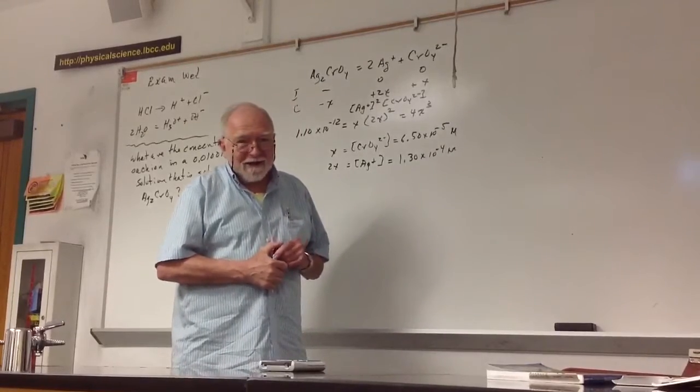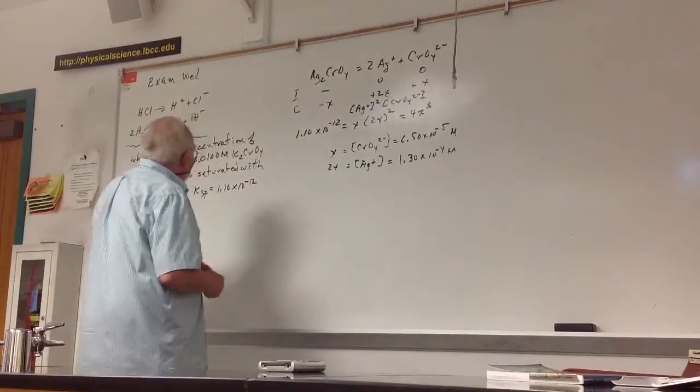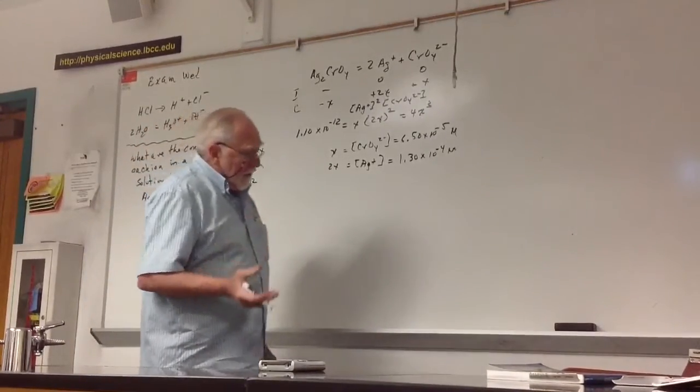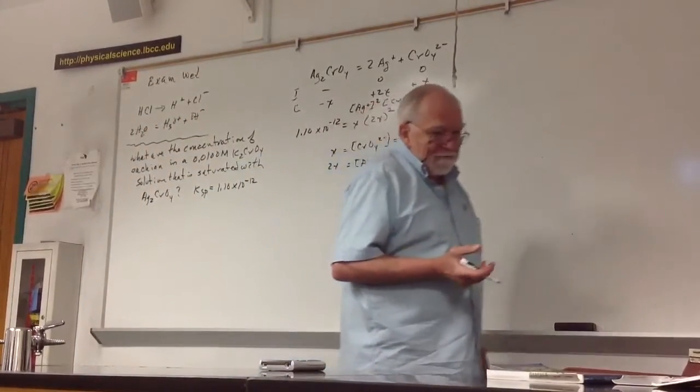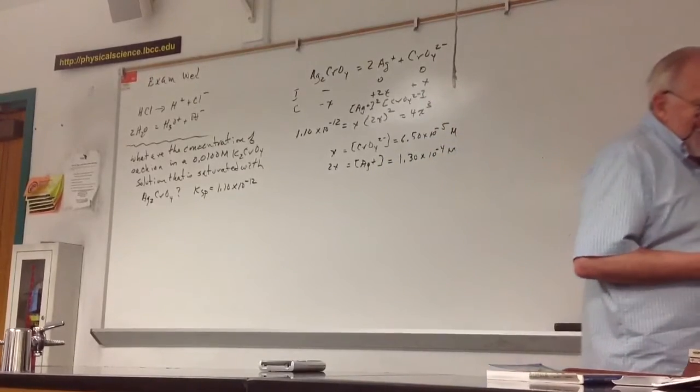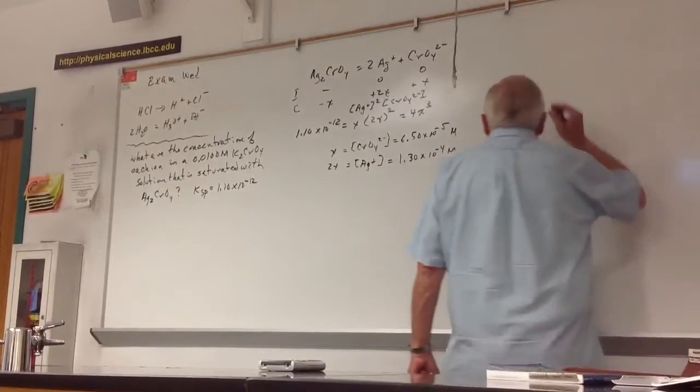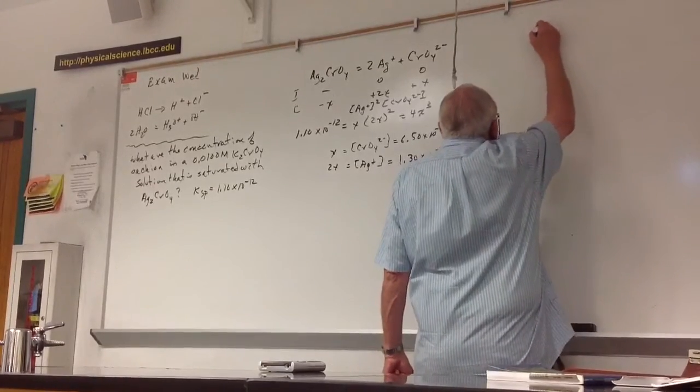And the reason for that is, this is now the common ion problem. And one of the things I always say, stoichiometry first, equilibrium second. You'll hear me saying that a lot from now on. What happens is, potassium chromate is soluble.